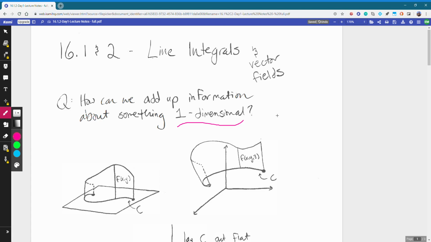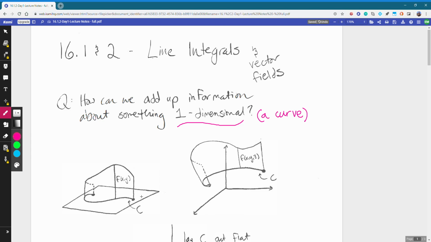Specifically, instead of just integrating a function, say, over an interval on the x-axis, this one-dimensional thing that we have information on is a curve that lives either in the plane or in 3 space.